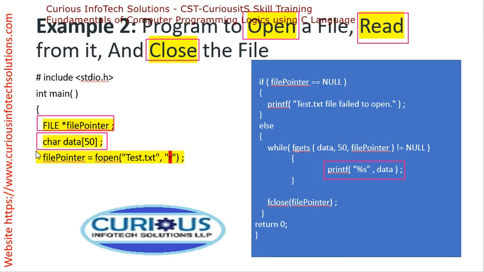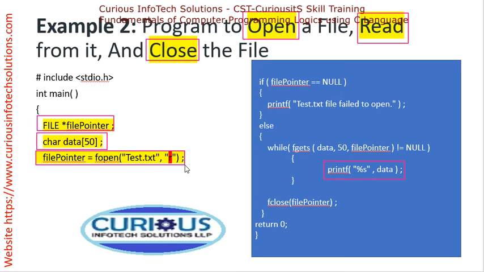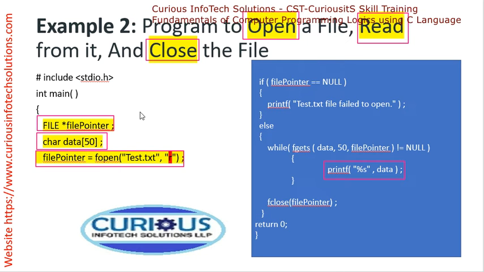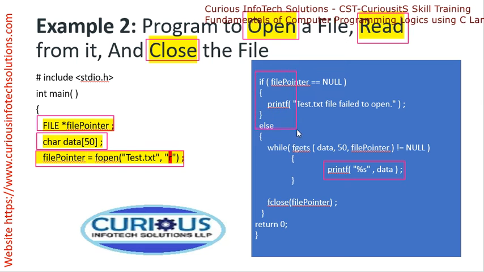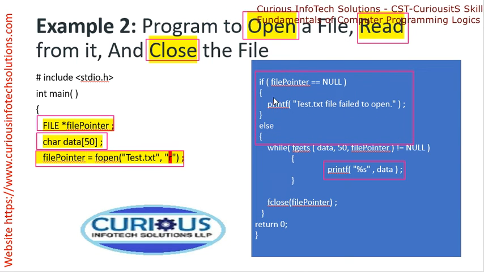Okay. Now we will open our file in the read mode. We want to only read because we have already written our data to the file. So here again we have this suitable condition to check whether your pointer is null or something else.